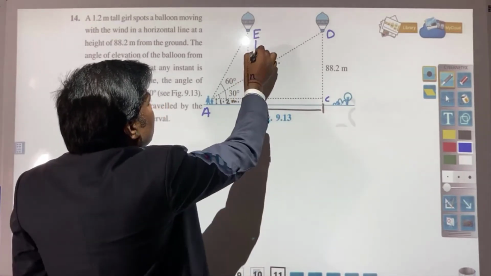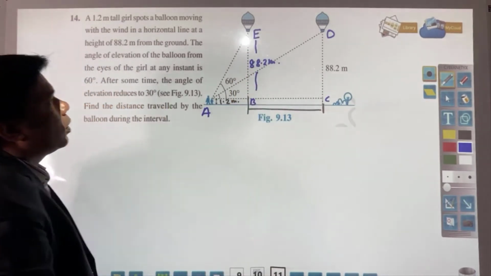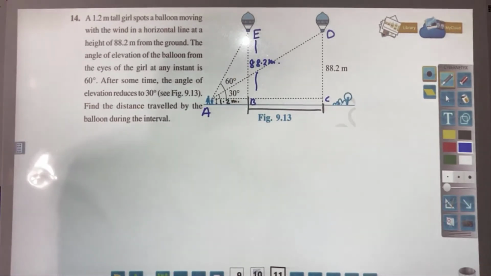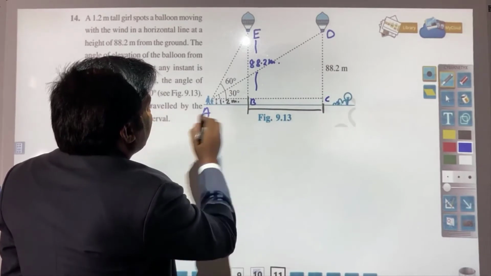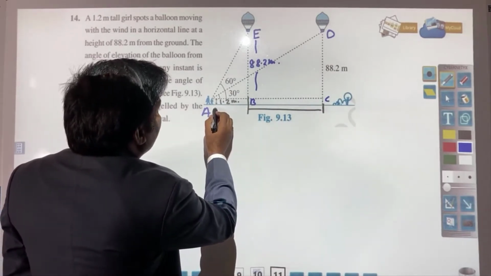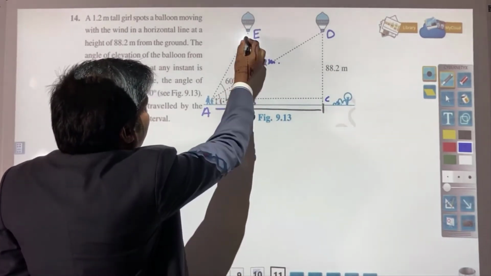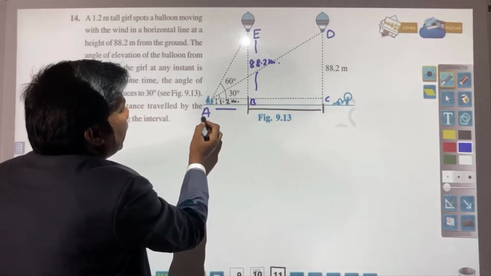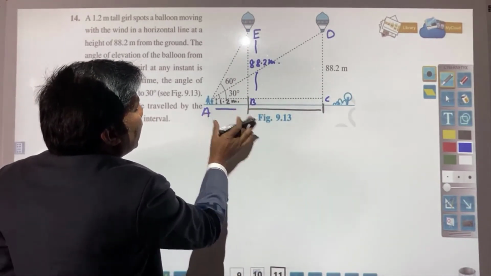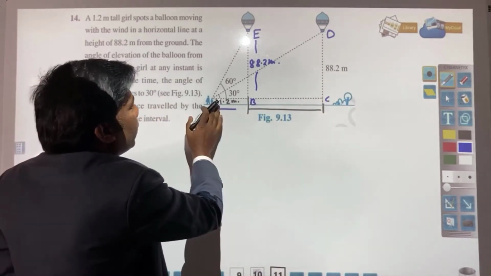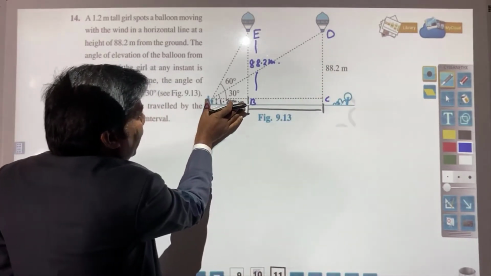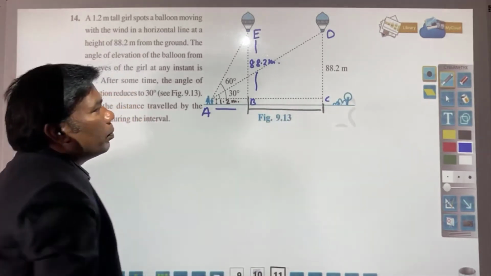First we will find AB from triangle EBA, and then we will take triangle DCA and find AC, and subtract this distance so that we can get BC.